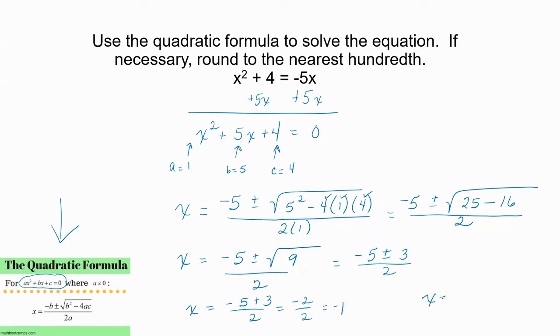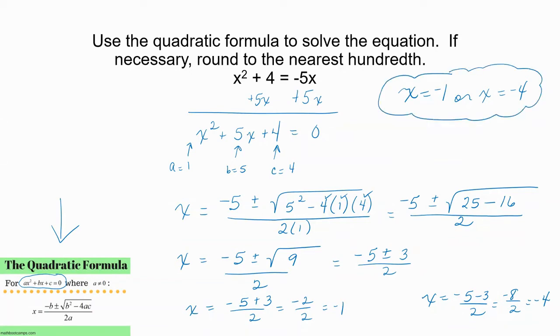The other one is negative 5 minus 3 divided by 2, which would be negative 8 divided by 2, which is negative 4. So we actually get two answers here. We get x equals negative 1 or x equals negative 4 for our solutions to this equation.